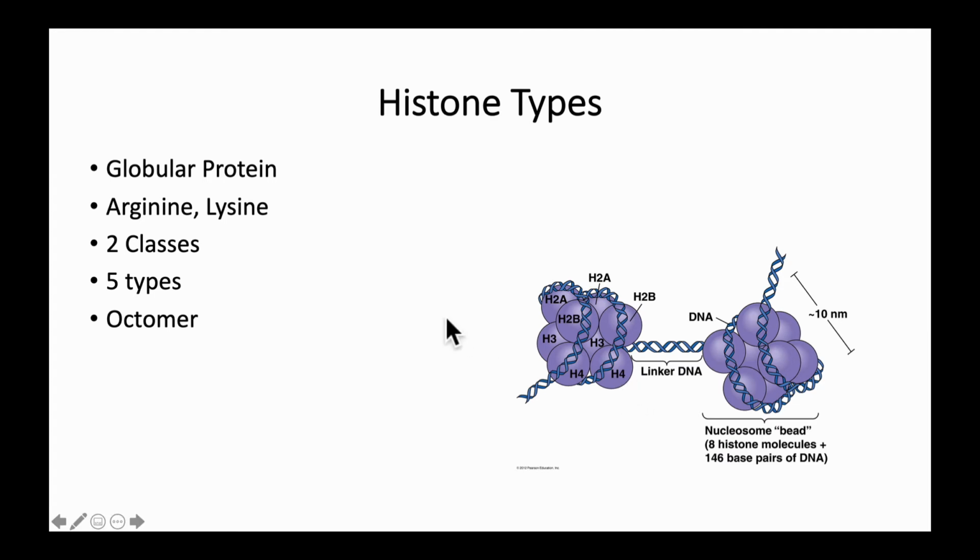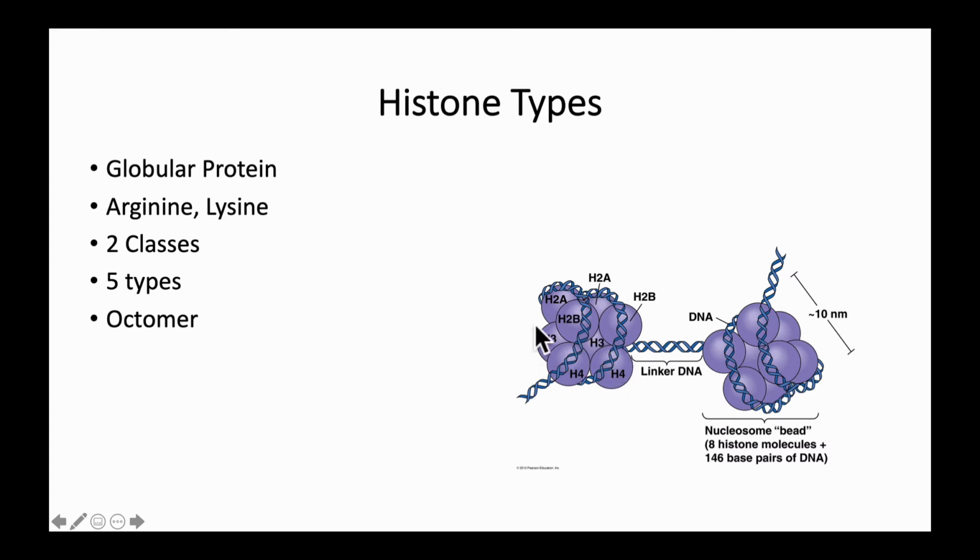The other thing to understand, as I explained earlier, is that this is made up of 8 histone proteins to form an octamer. So again, 1, 2, 3, 4, 5, 6, 7, 8. We'll be looking at this in a little bit more detail as we progress through the lecture, how this occurs and why this occurs, what its conformation is.